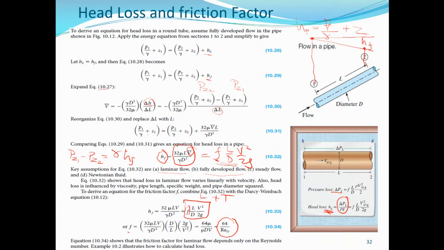We will take an example, like I said, to demonstrate the application of all this. But now you need to understand the theoretical background, the formulation. And like I said, here for laminar flow, the head loss varies linearly with velocity.